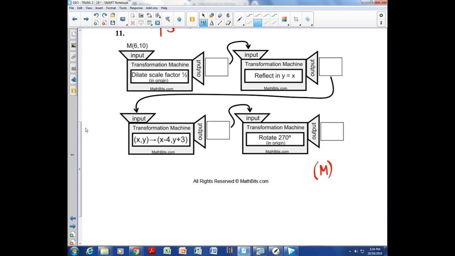The first transformation is going to be a dilation with a scale factor of 1/2. So dilations are capital D, subscript, scale factor. And after that happens, I'm going to have my composition mark, it's going to be reflected over the line y equals x.